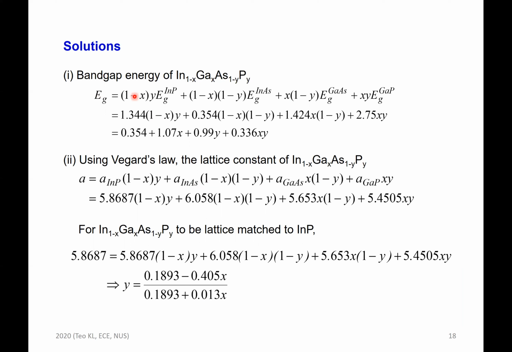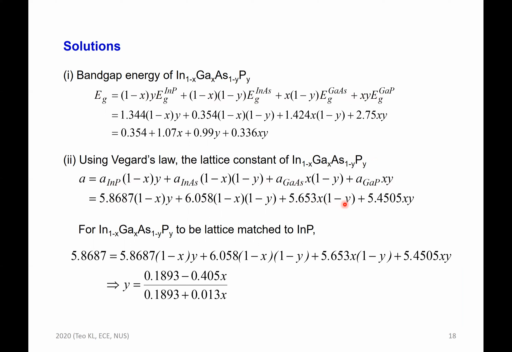So the band gap itself, you just change to lattice constant, and then you just plug in the lattice constant values. You put in the numerical values of all the lattice constants, just changing the band gap to lattice constant. So this will be the equation for the lattice constant.